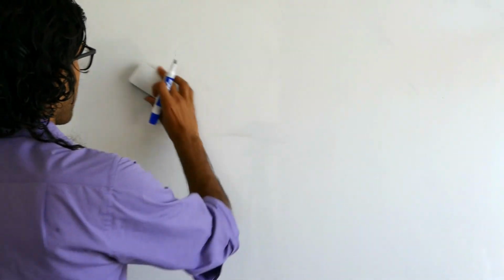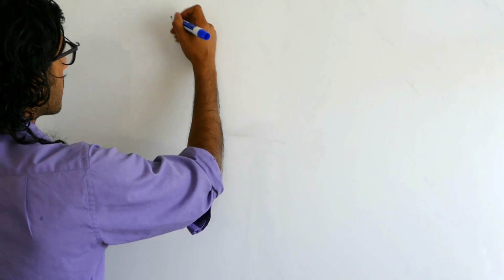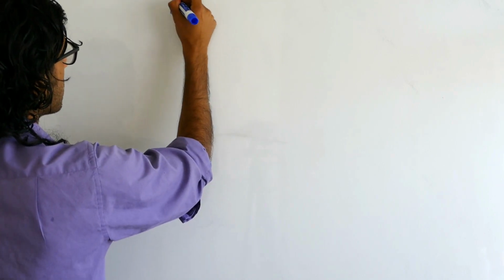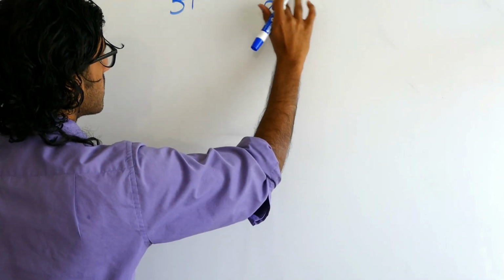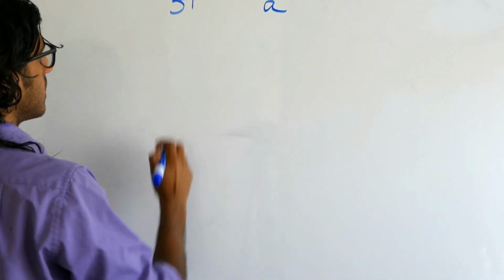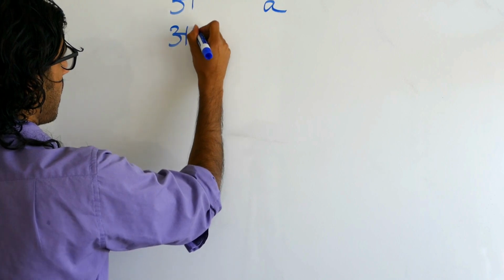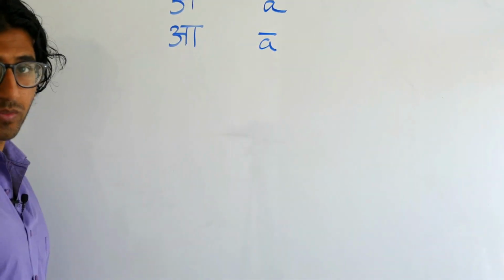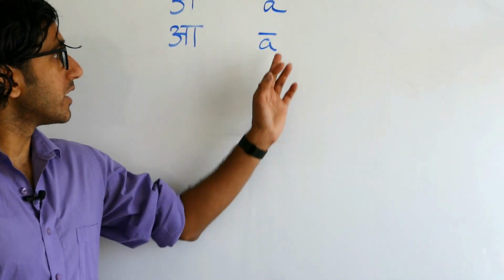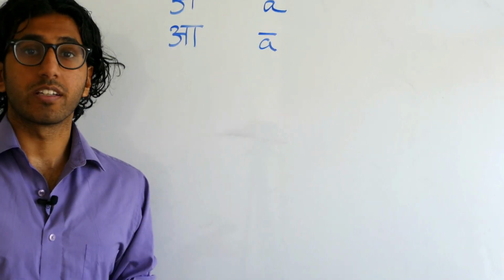So for example, let's go over the vowels briefly. So here we have a. This is always written just like this, a. Then we have ā. This is written with a line above. Now remember, anything with a line above means it's the elongated version.